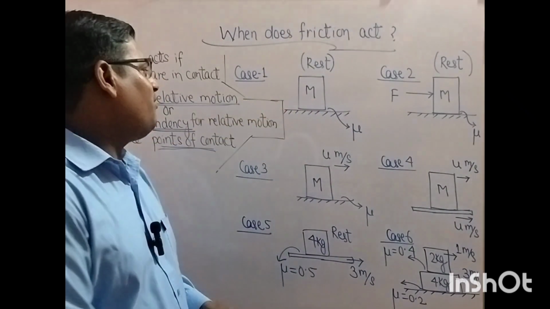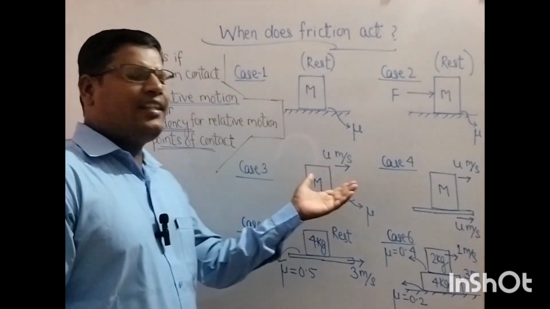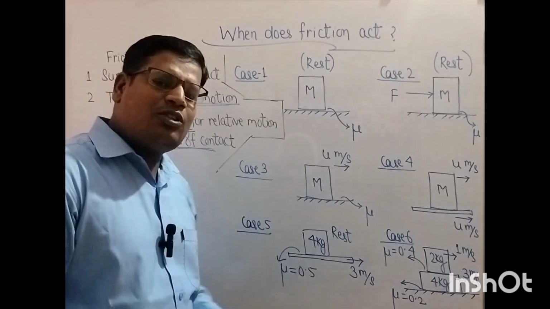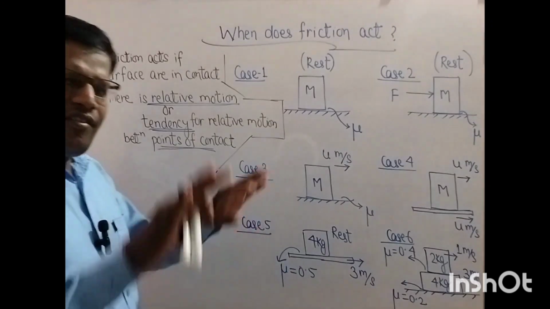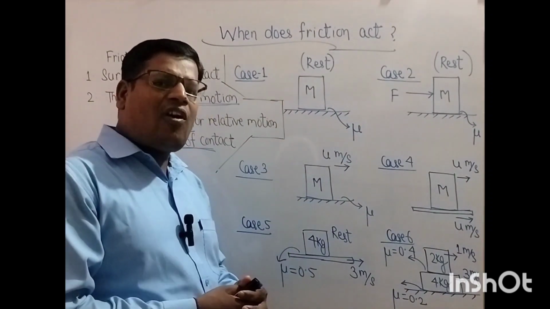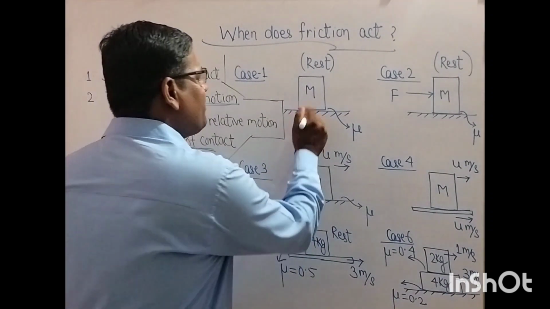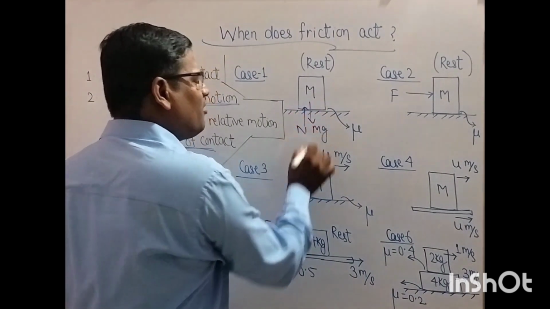Let's check. First, is there relative motion? No, there is no relative motion. The body is at rest, and the ground is also at rest. Second, is there tendency for relative motion? Try to draw the free body diagram. Here you find that mg is acting vertically downward on the block and normal reaction is acting vertically upward on the block.